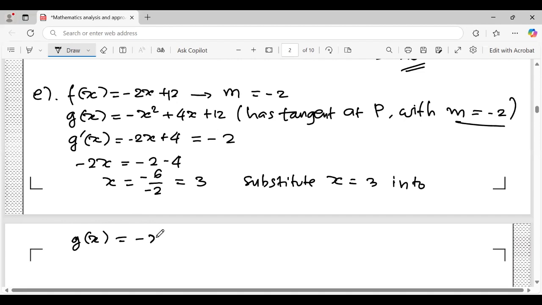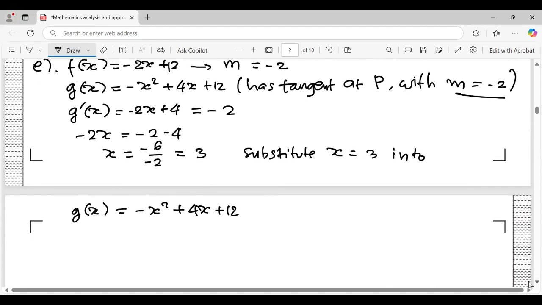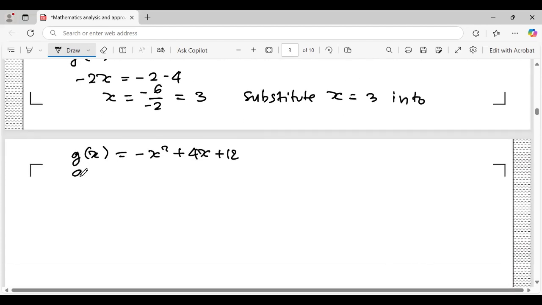x equals 3 into g(x) equals minus x squared plus 4x plus 12. g(3) equals minus 3 squared plus 4 times 3 plus 12. And if you calculate, the result is 15.